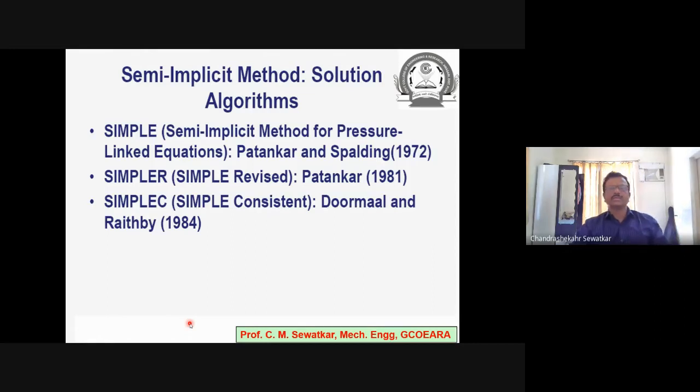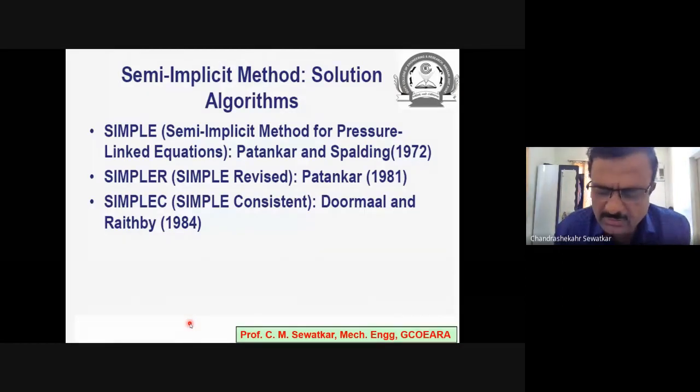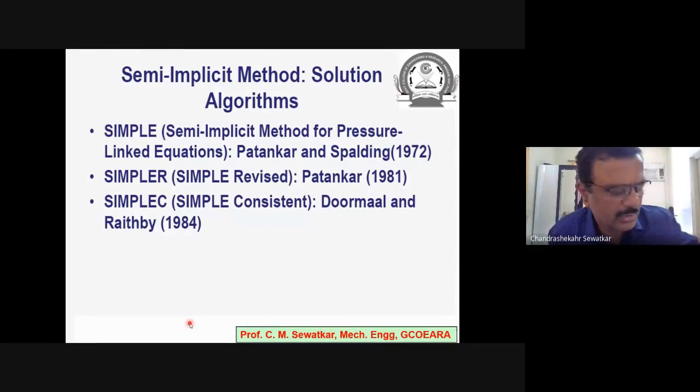This methodology was proposed by Patankar and Spalding in 1972. Professor Patankar, as was told to you at the beginning, is an alumnus of College of Engineering, Pune, and he happened to be a professor at University of Minnesota, where he used to teach numerical solution methods for fluid mechanics and heat transfer.